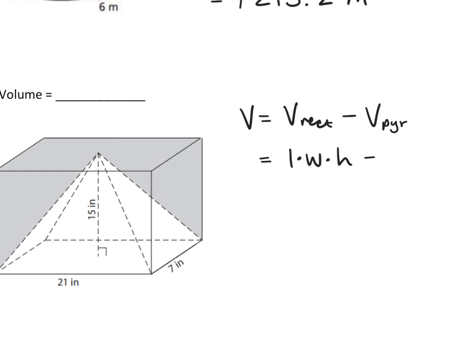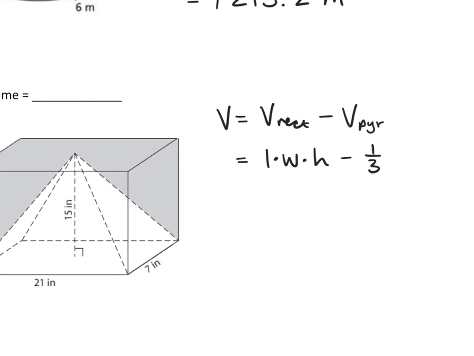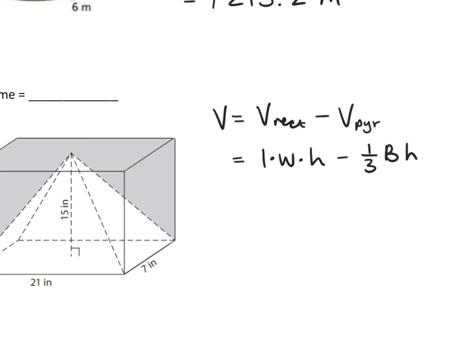What about the pyramid? What does it say on your formula chart for volume of a pyramid? 1/3 base times height. Okay, but that big B stands for the base. What is the base of this pyramid? What is that called? It has 3 sides at the bottom?